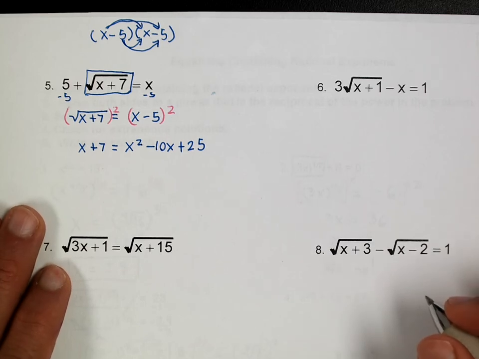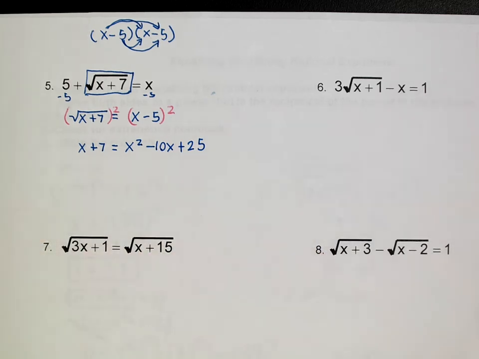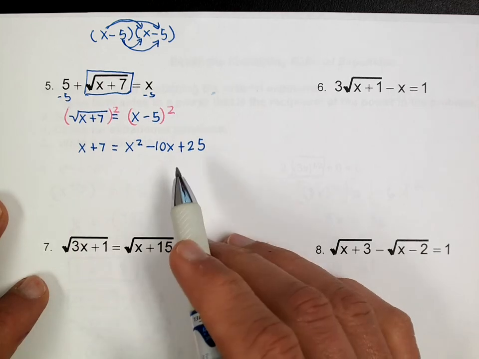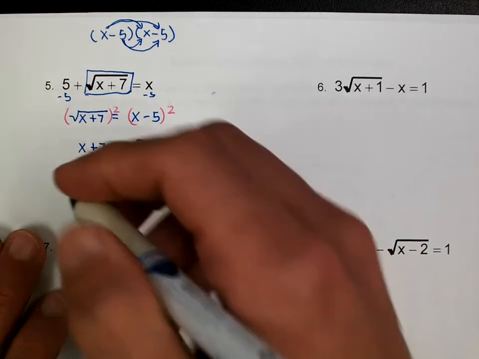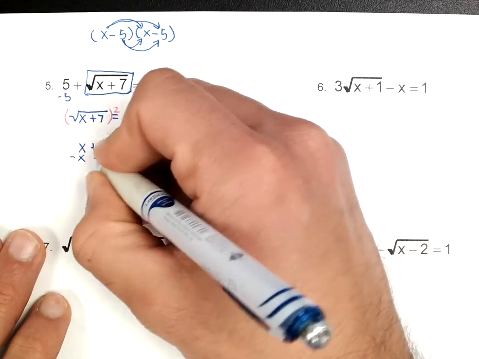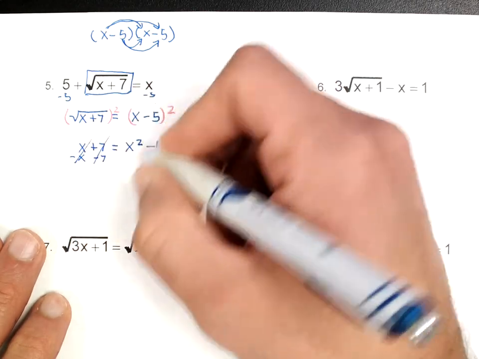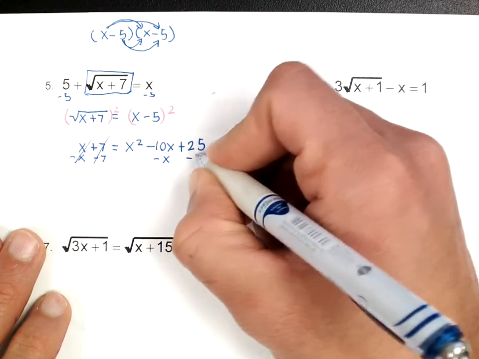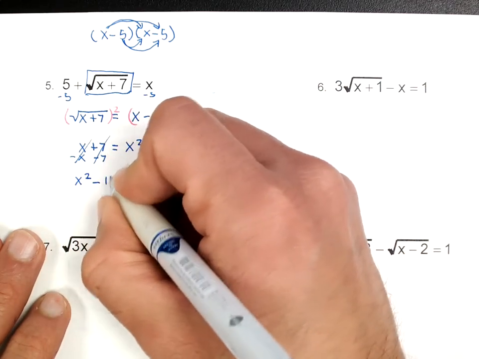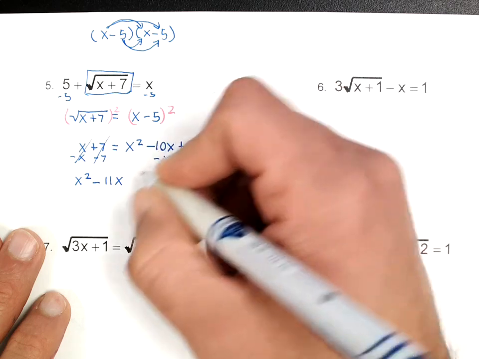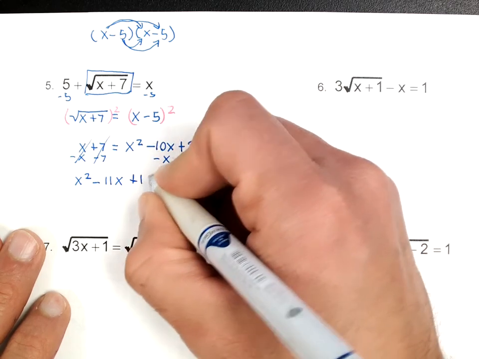Alright, now the next thing to do is basically how do I solve for x now? Right? If I have a quadratic equation like this, what I have to do is set this equation equal to 0 first. So I'm going to move this x and this 7 to the other side, and now I have x squared minus 11x plus 18 is equal to 0.